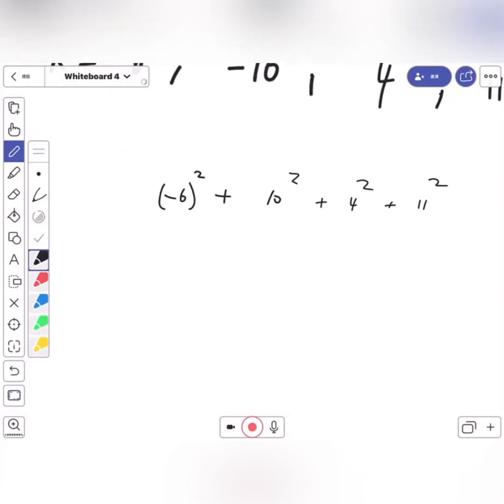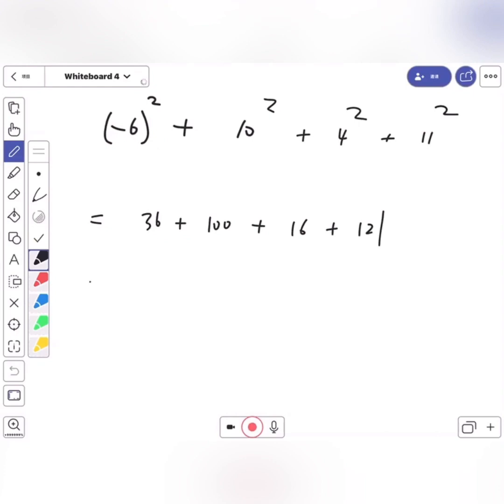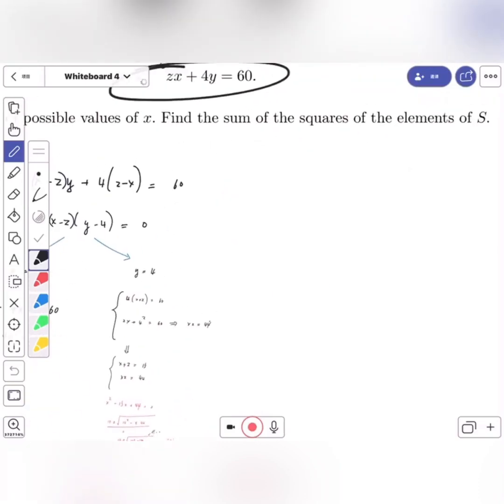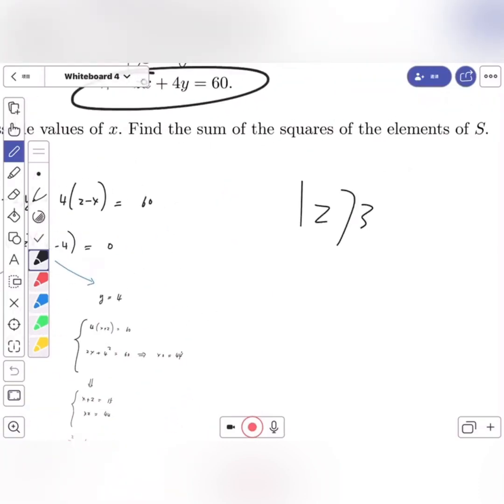That seems to be pretty straightforward, so try not to make any mistakes in the computation. I'm going to get 52 plus 121 plus 100 is equal to 173 plus 100, giving us 273. And that is indeed our answer to this problem.